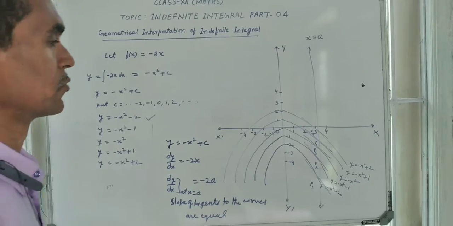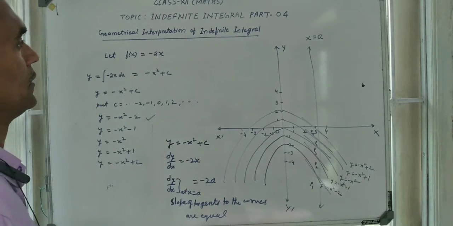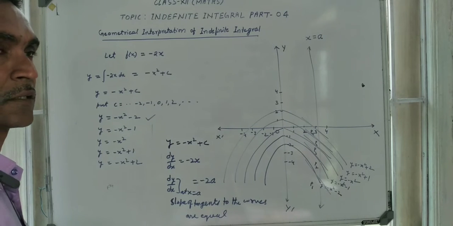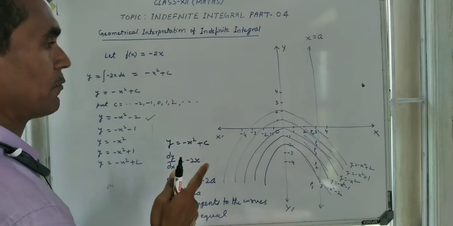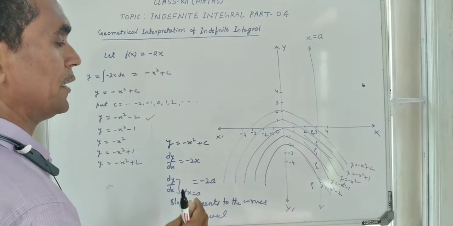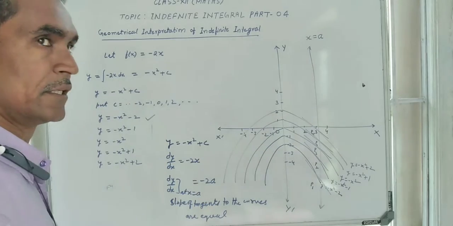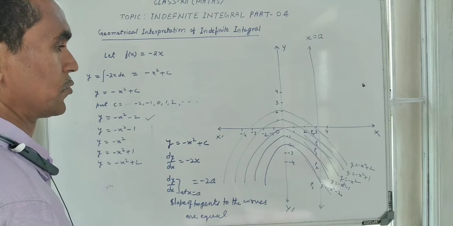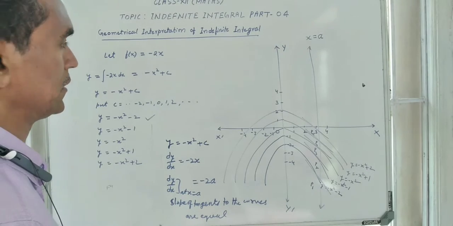So we can conclude here, geometrically indefinite integral represents a family of curves having parallel tangents at the point of intersection of the curve and a line perpendicular to the x-axis, that is the variable of integration x. So this is the geometrical meaning of indefinite integral.